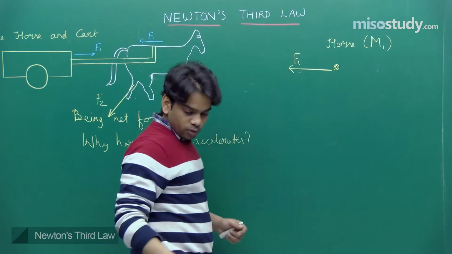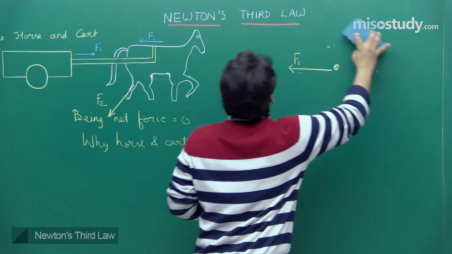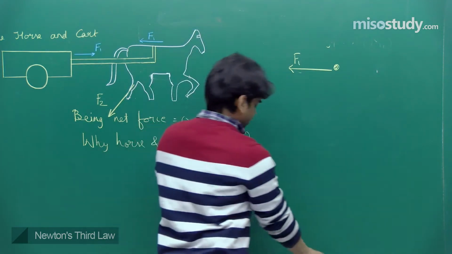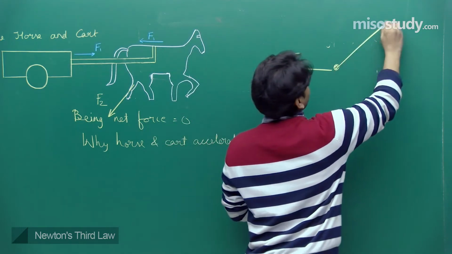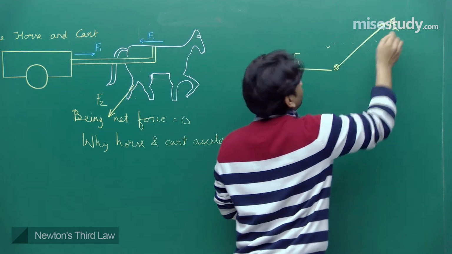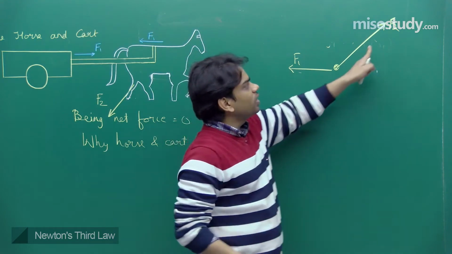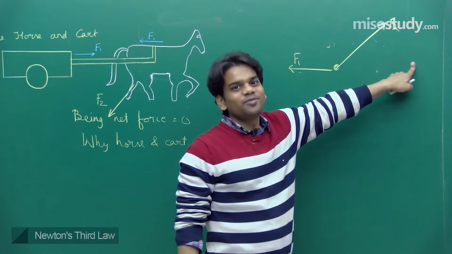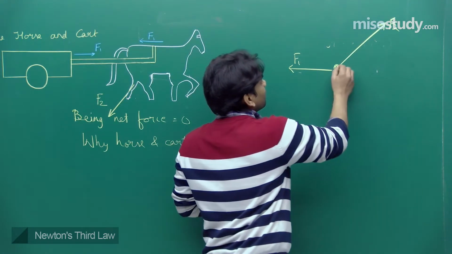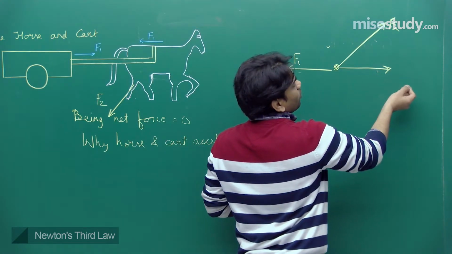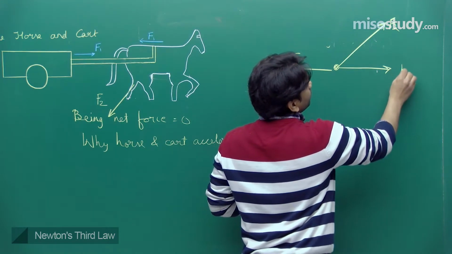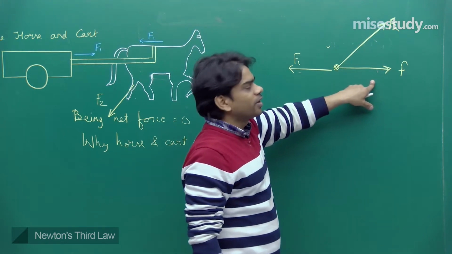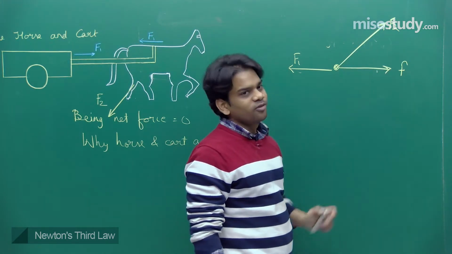So I'm going to mark this opposite direction force acting on the horse as F2. Now this F2 will have a forward component. Let me write its forward component as a new force, small f. This is the forward component of force F2.